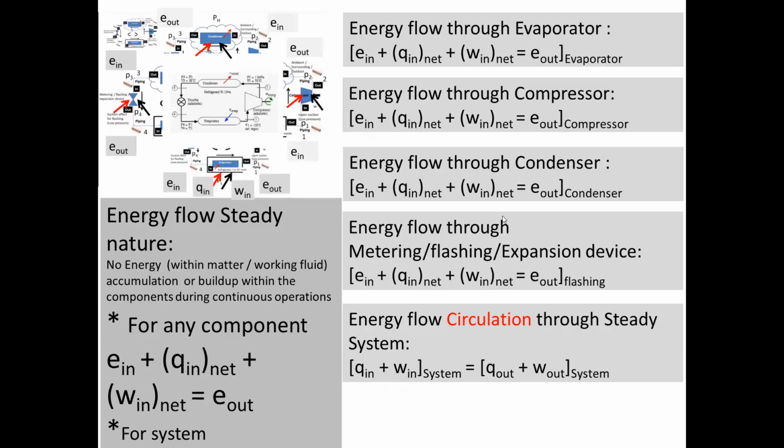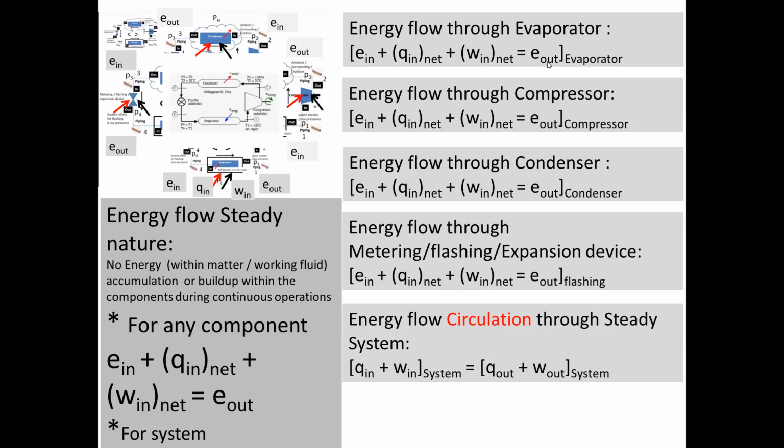Then energy flow through the evaporator: energy in with the fluid, net heat in. I just put heat in, net heat, and net work in. Later we will see whether these are zero or whatever the value.